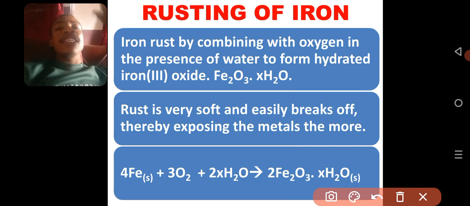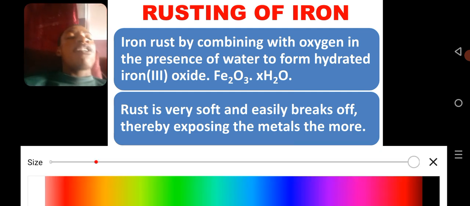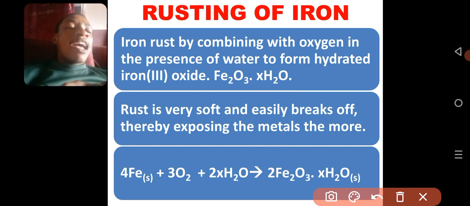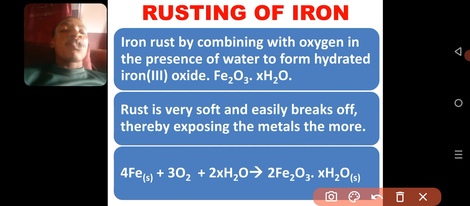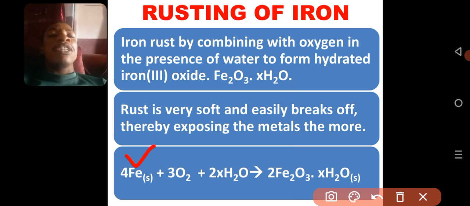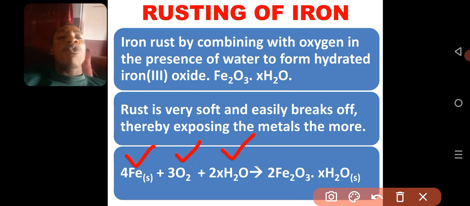Until all the iron completely gets rusted. So the equation for the rusting of iron is given below, and it is very advisable that you know this equation. It's very easy to know, just say that iron reacts with oxygen in the presence of water.